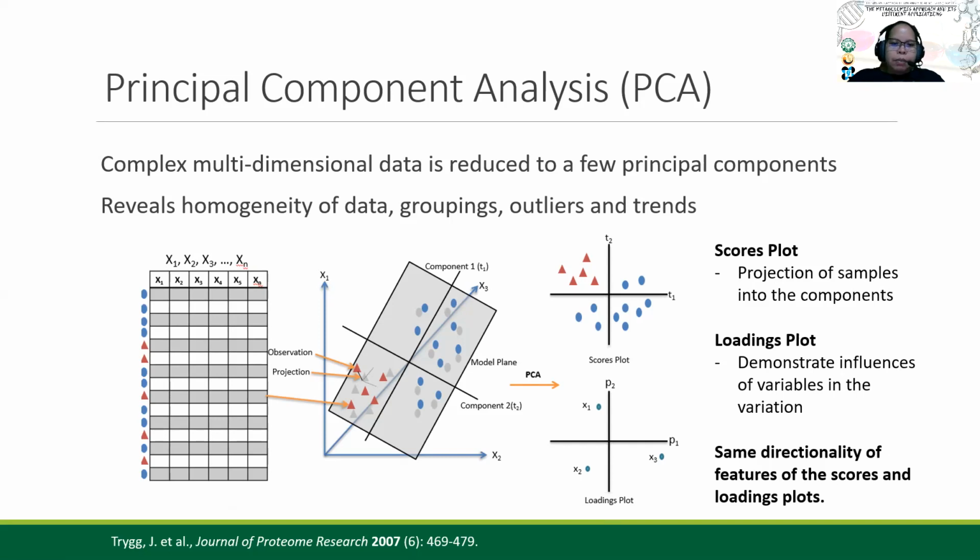So it can provide you with patterns, trends. It can reveal the homogeneity of your data, and any inherent clusterings or trends it can show. And here, just to illustrate, you have your data set here. You have two different classes here, two different types of samples.